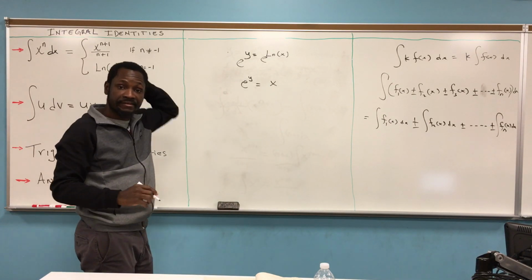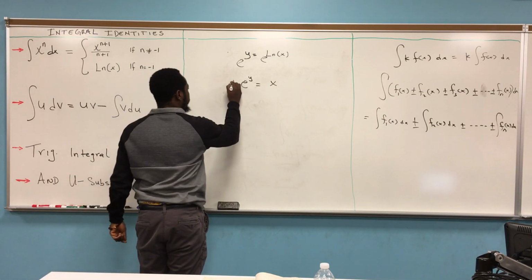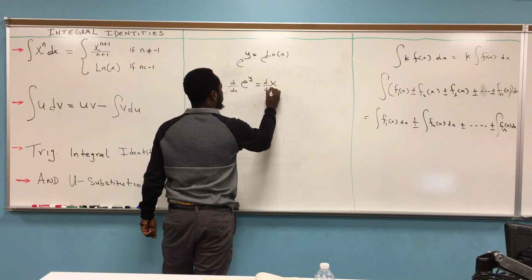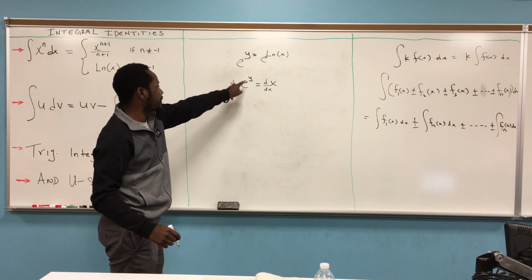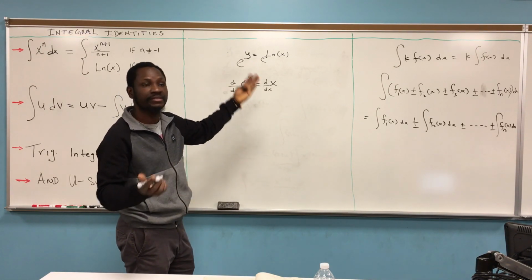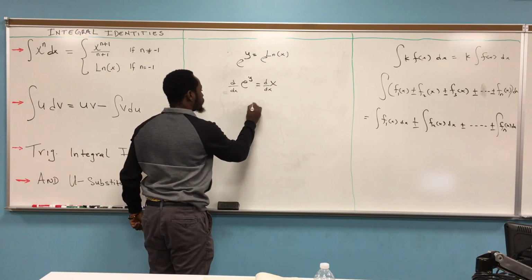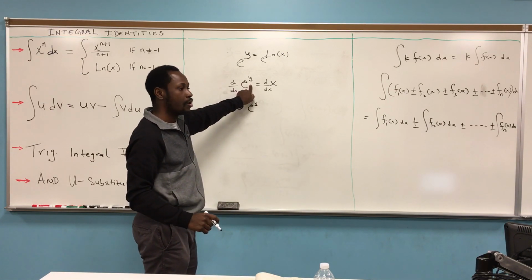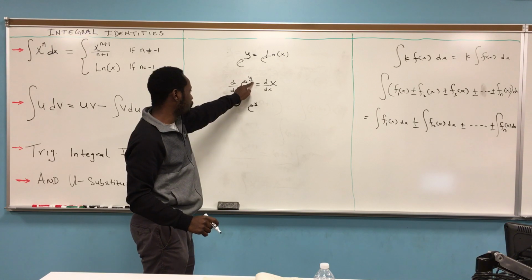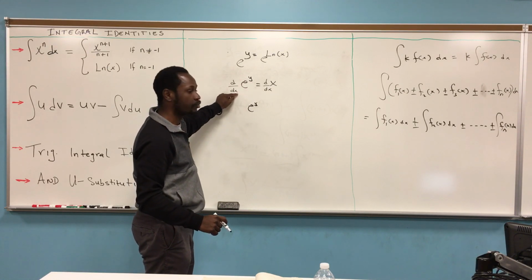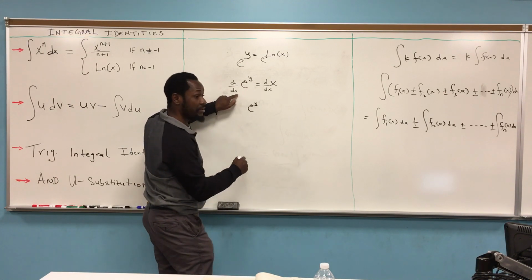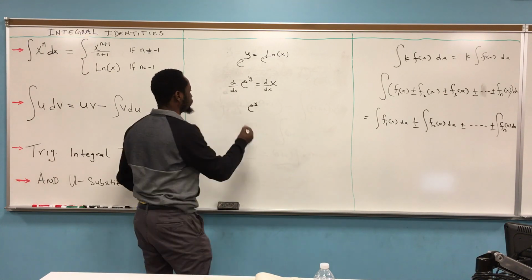Now I can take the derivative of both sides. So the derivative of this side with respect to x is the derivative of this side with respect to x. Now the derivative of e to the y is e to the y. So we have e to the y, but when you're taking the derivative of a function in a variable different from the variable you're differentiating with respect to, then the variable over the variable of differentiation has to be written.